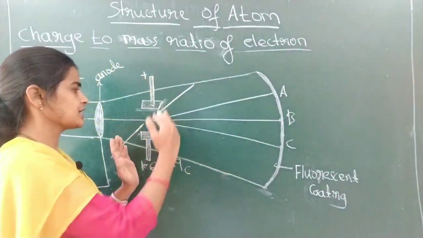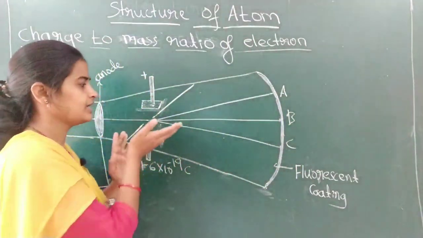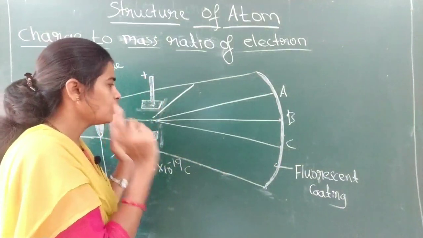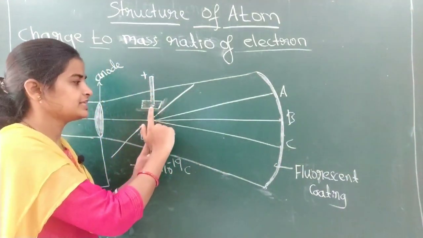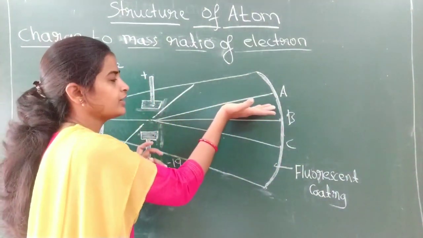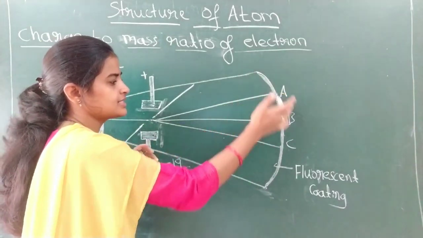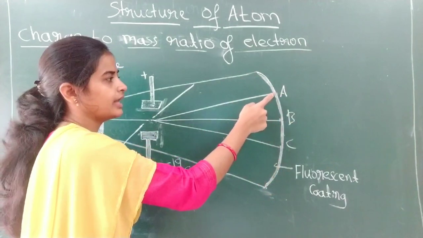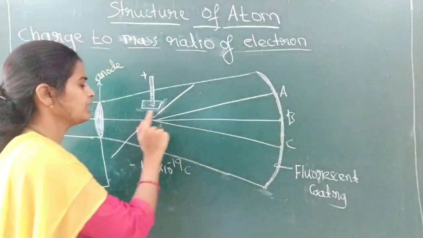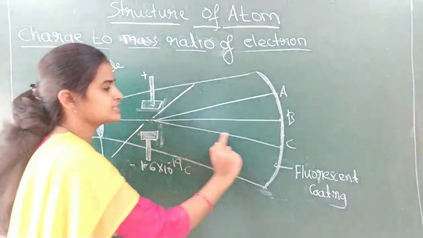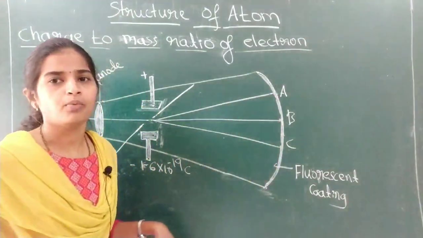But as the external electric and magnetic field is applied here, when the electric field is applied, they deflected to the point A. As it is a fluorescent coating, the light gets illuminated here. When the magnetic field is applied, the light illuminated at the point C.